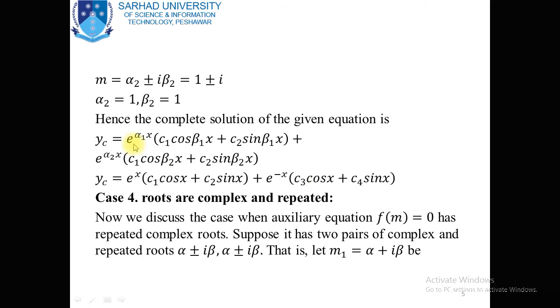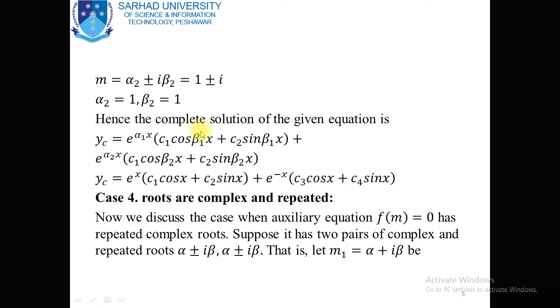This represents e power alpha 1 x into c1 cos beta 1 x plus c2 sin beta 1 x. This represents the first complementary solution due to the first quadratic equation, and plus this is the other complementary solution due to the second quadratic equation, because we have two different complex roots. Now e power alpha 2 x into c3 cos beta 2 x plus c4 sin beta 2 x.